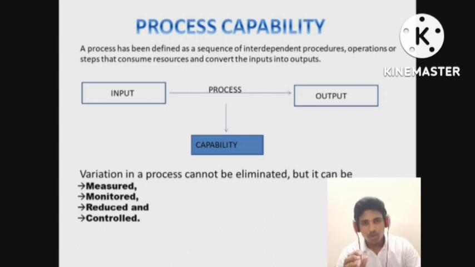Why we are checking is variation arises in the processes which can be measured, monitored, reduced and controlled. We are going to use process capability to measure, monitor, reduce and control the process.